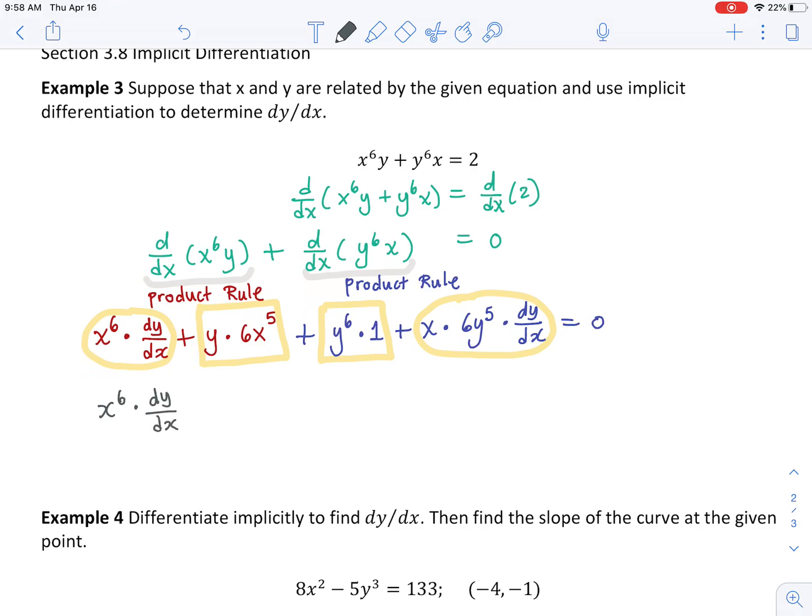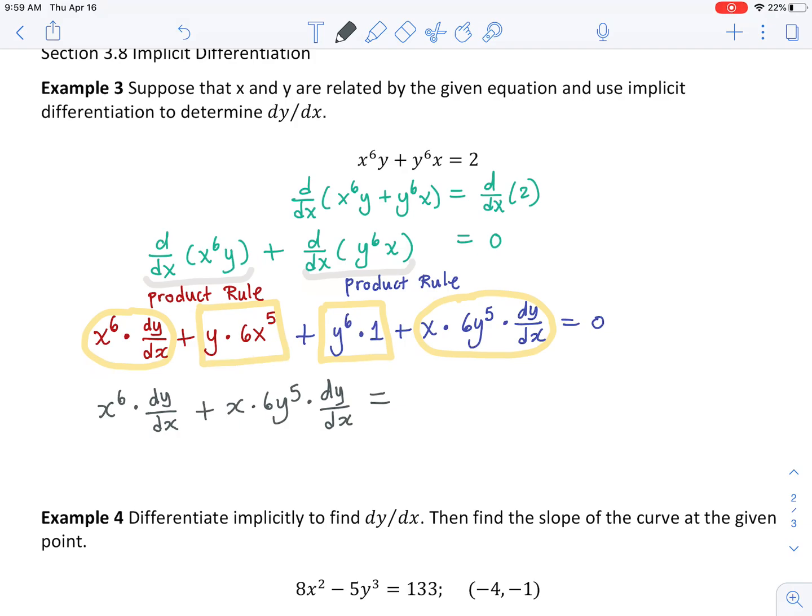So, let me go ahead and write down what I have. x to the 6th power times dy/dx. That first term stays there because it's got dy/dx. And then the next thing that I'm going to write is that one, and that one is x times 6y to the 5th plus dy/dx.